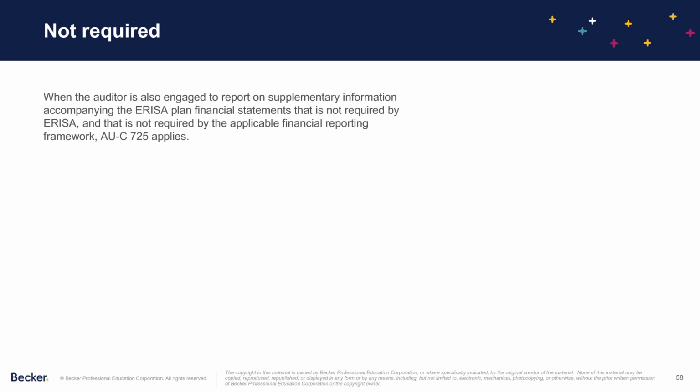If you are not engaged to report on supplementary information that is not required by ERISA, and it's not required by the financial reporting framework, then you just follow AUC Section 725. Only the ones required by ERISA follow both 136 and AUC Section 725.